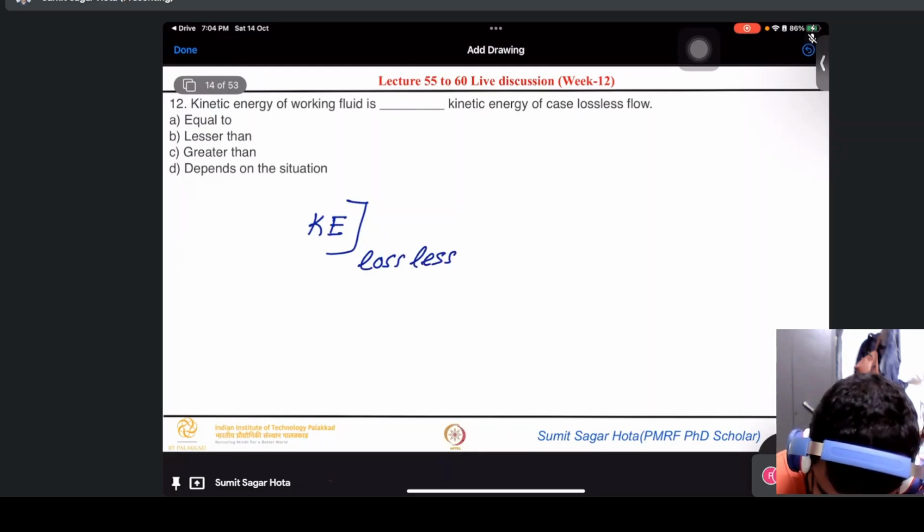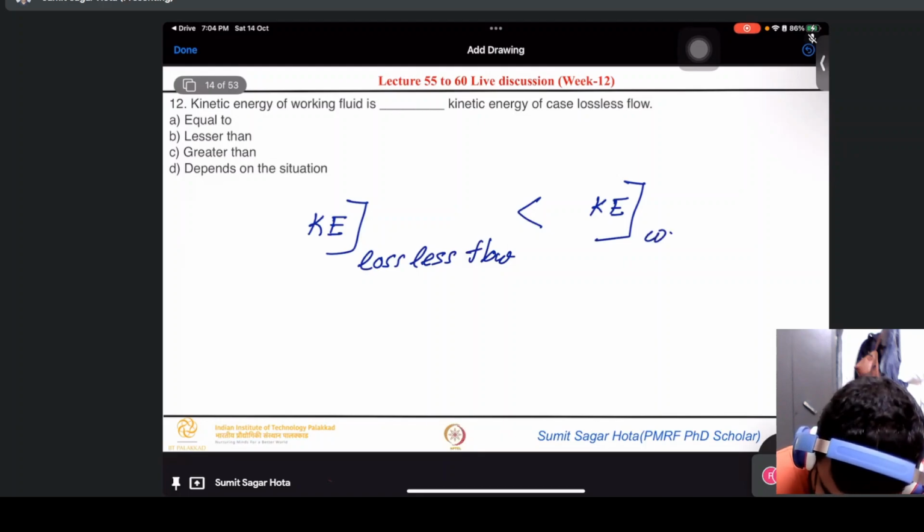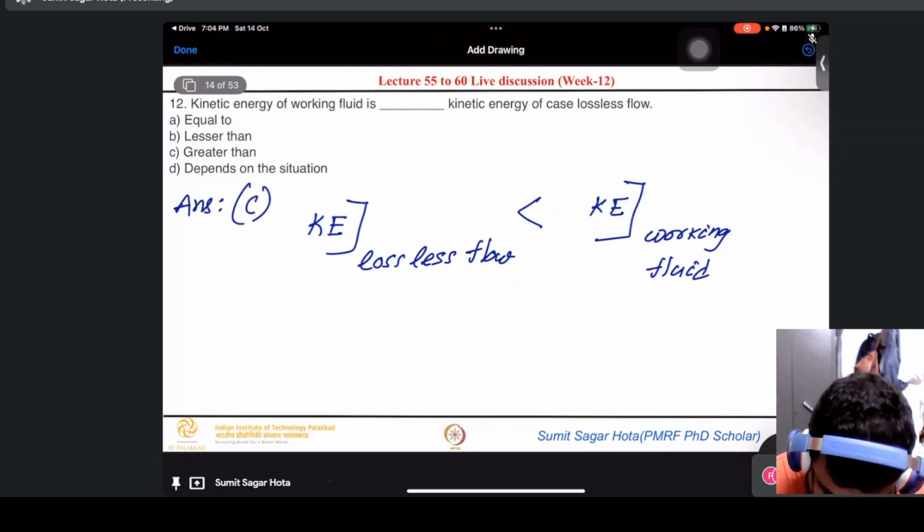The major objective of this question is to tell you the term lossless flow.